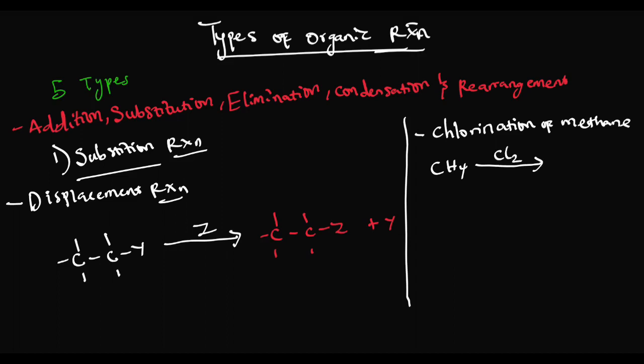The immediate product formed will be CH3Cl, right? CH3Cl plus what? Remember that only one hydrogen was replaced, and there's another one here, so plus HCl. So that's chlorination of methane.